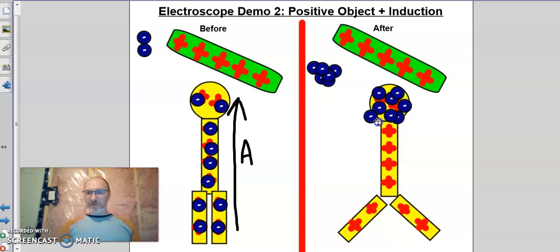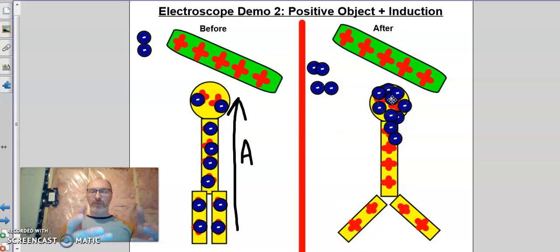So 10 electrons right there. So all these electrons have moved up towards the sphere because of that pull, that force of attraction being exerted by the positively charged rod.